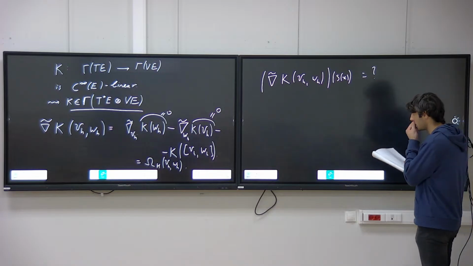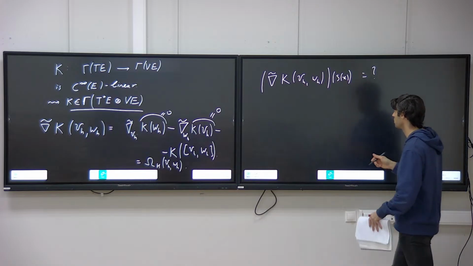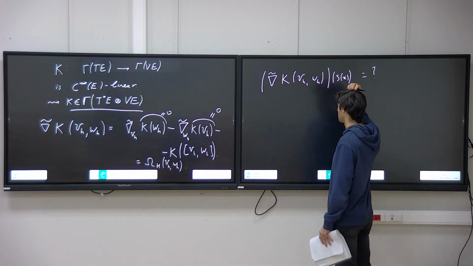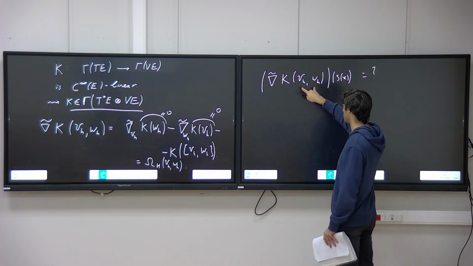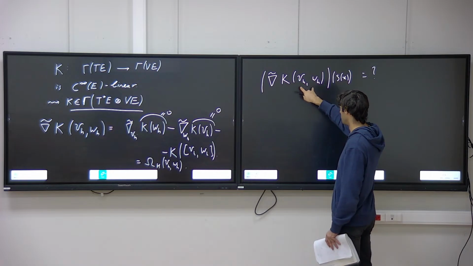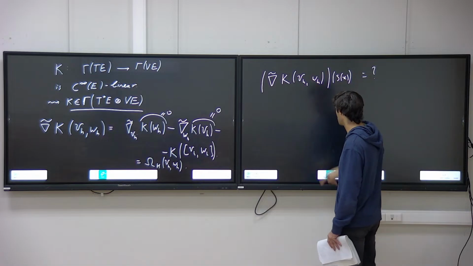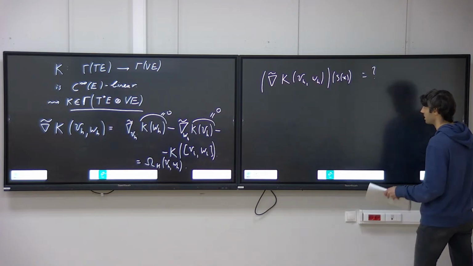Okay, so I'm going to use that this really is linear, C infinity E linear. So therefore I can choose some other vector fields which at this point s of x coincide with VH, WH, but actually as vector fields, they're different than these guys.